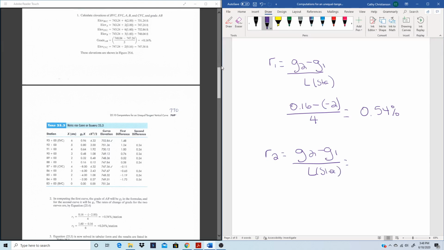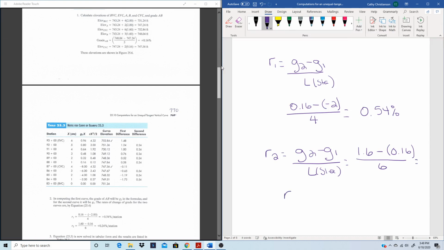Our G2 for the second curve is a 1.6, and it's going to be a minus 0.16 because this is our G1 for the second curve, over L in stations, which is 6 because it's 600 feet.